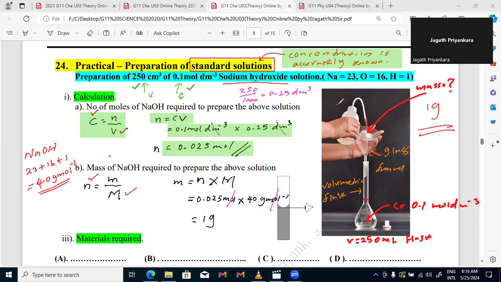Then you need a wash bottle. What is this called? Wash bottle. And this is the wash glass.